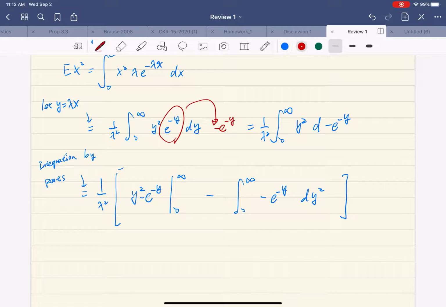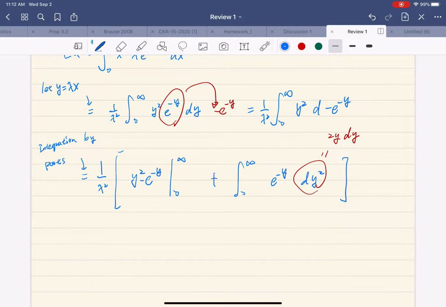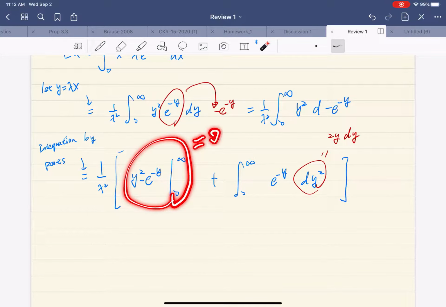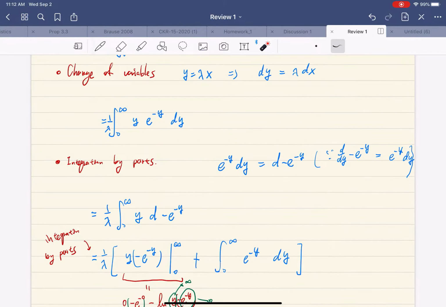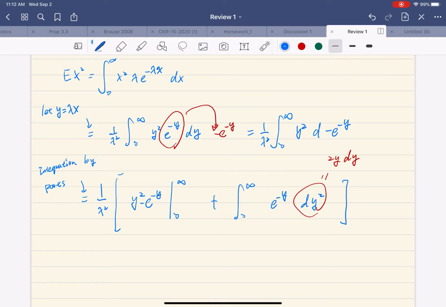Okay. First we change the negative to positive. And we want to move y squared from the outside of d to inside of d. So d(y squared) is equal to 2y dy. Okay. And also this boundary term is equal to 0, with the same result as before, so I don't repeat it again. So this term is 0.